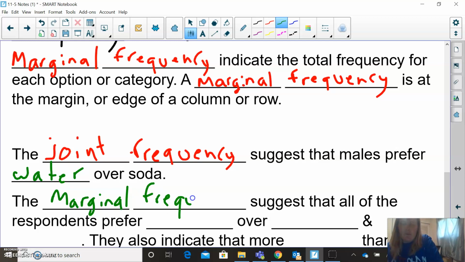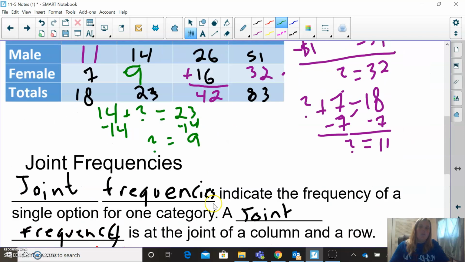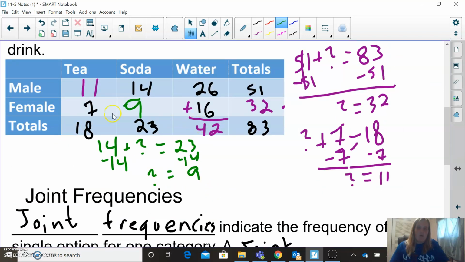Okay, the marginal frequency suggests that all of the respondents prefer blank over blank and blank. So which out of all three? Now it said all the respondents, so not just male, not just female, but all of them together. So we need to look at this last row, right? And it said marginal, so we're definitely going to look on the outside.